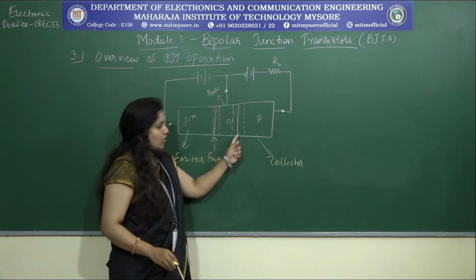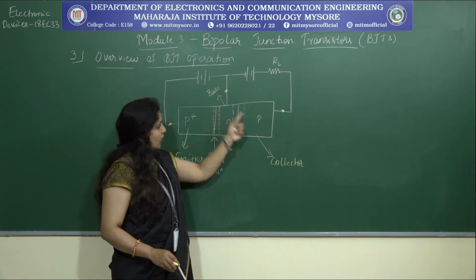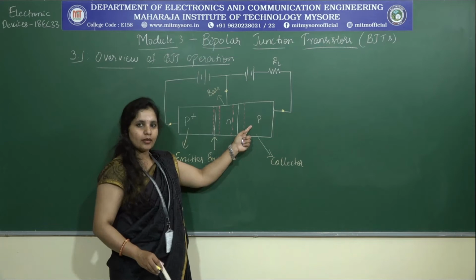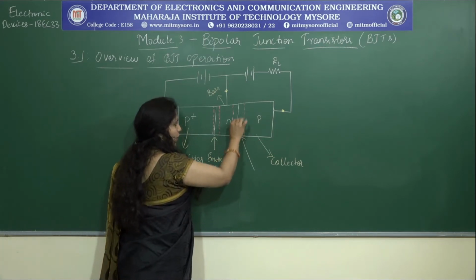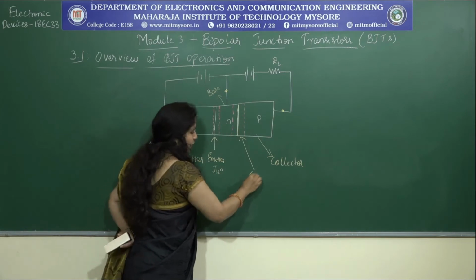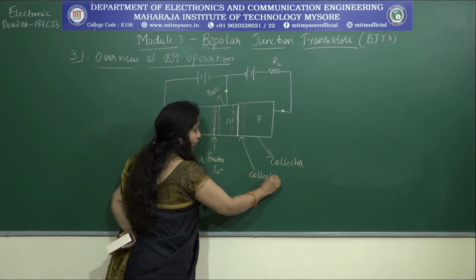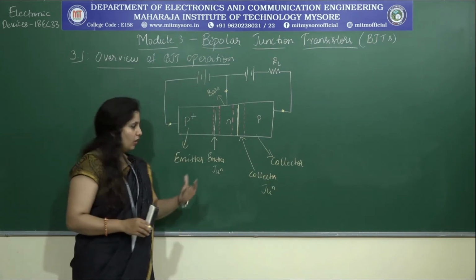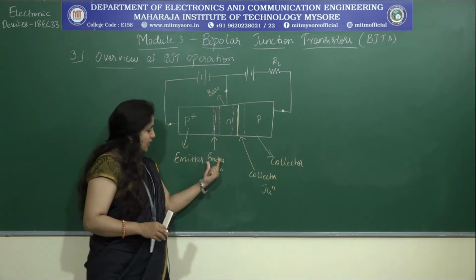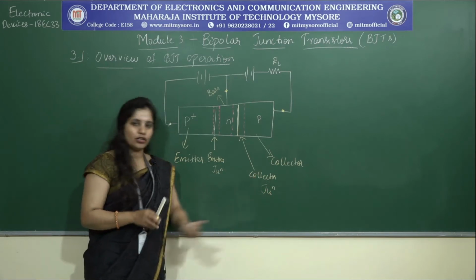And this is the reverse bias junction where the holes are getting diffused and collected by the P region. Therefore, I can consider this particular junction as the collector junction. Done. Now what are these two junctions referred to as? Emitter junction and collector junction.